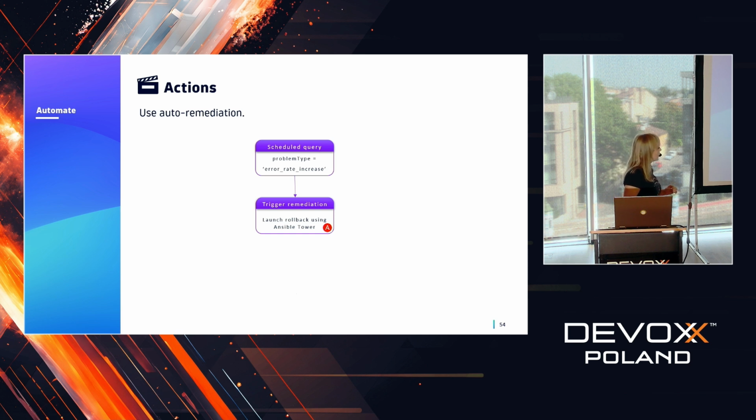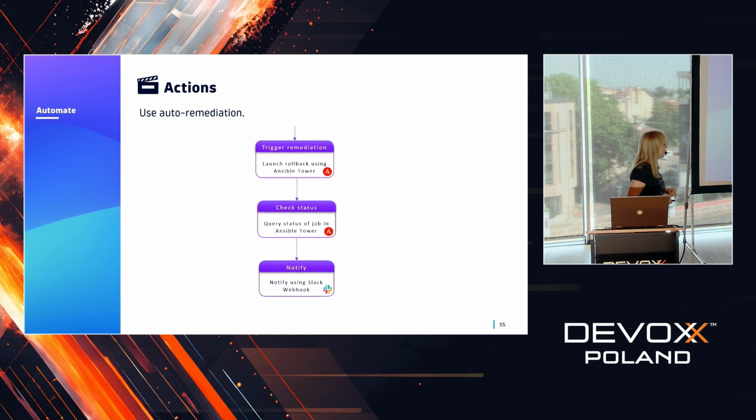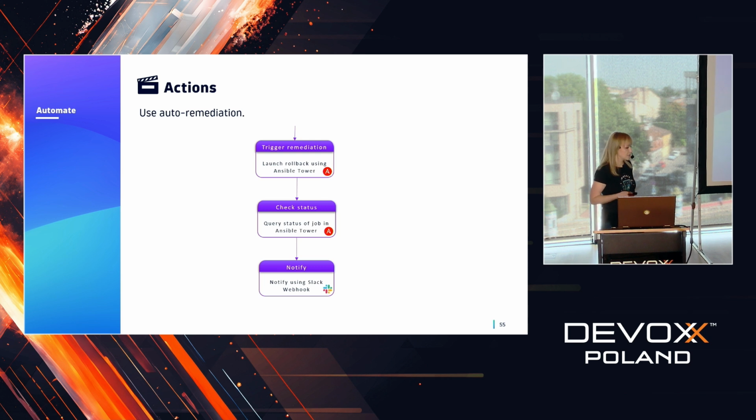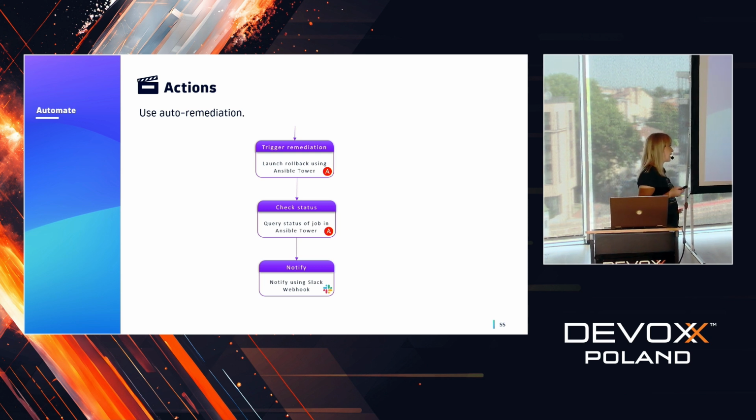And for that, we can use the Ansible Tower API that enables us to launch a job. It also enables us to check the status of this job, and based on it, we can, for example, use a Slack webhook to notify some users that there was an issue and whether it was resolved or not.